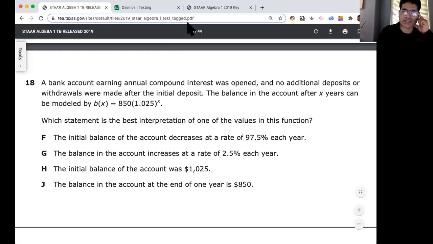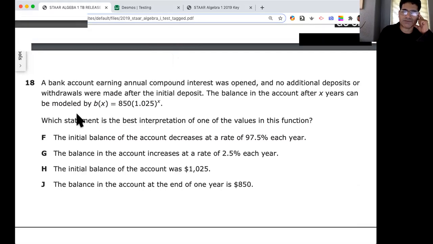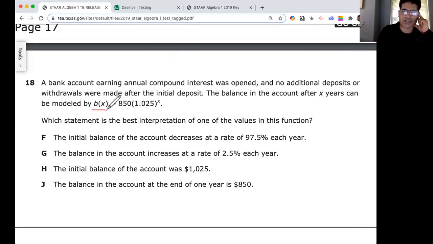And it says, okay, one of the values in this function, we have the function of X is 850 times that. All right, so the bank is earning compound interest. So that means it's earning money, and the amount of that money goes up.